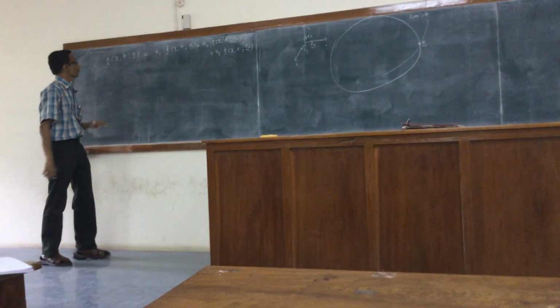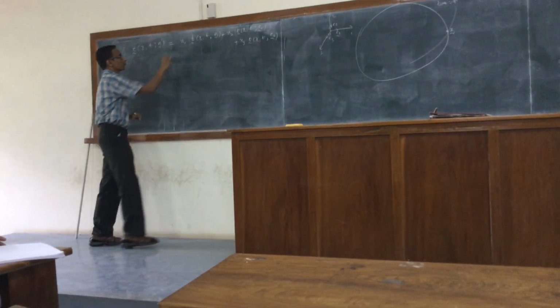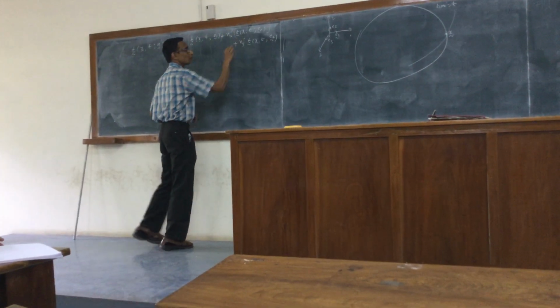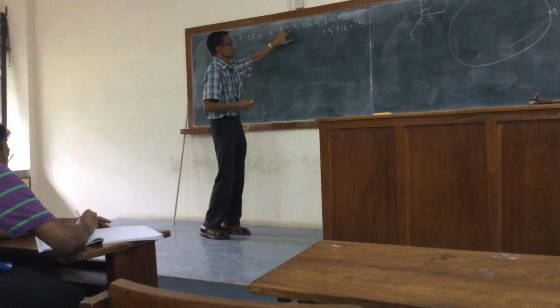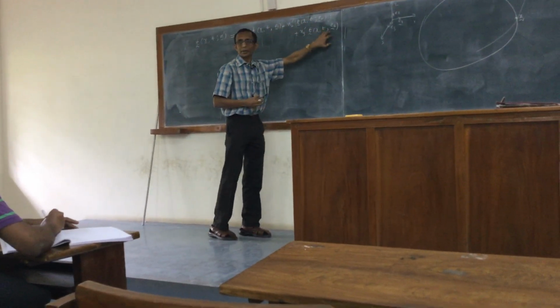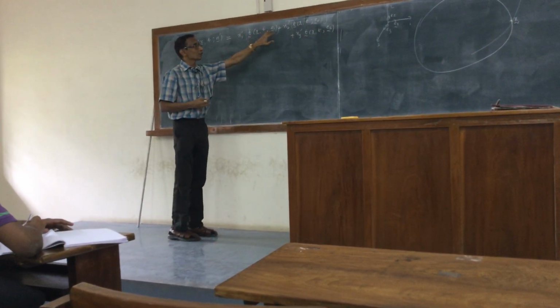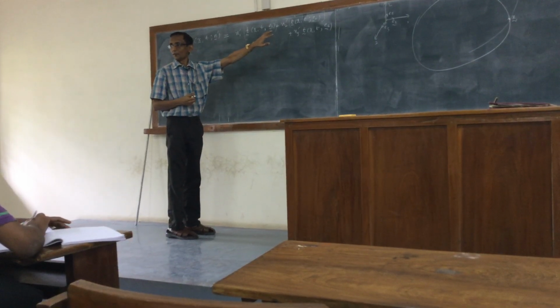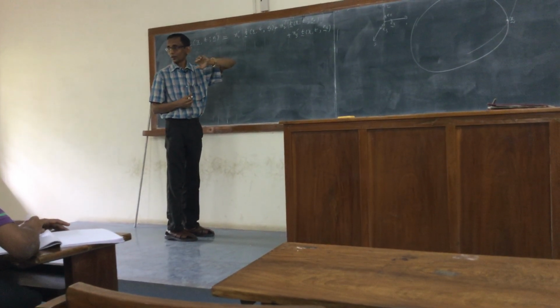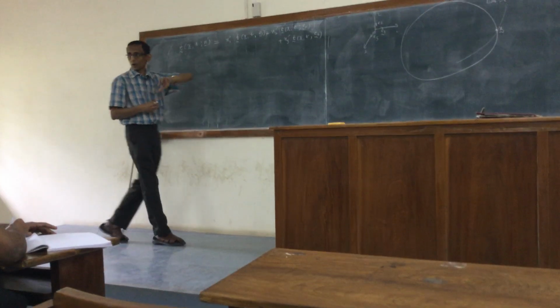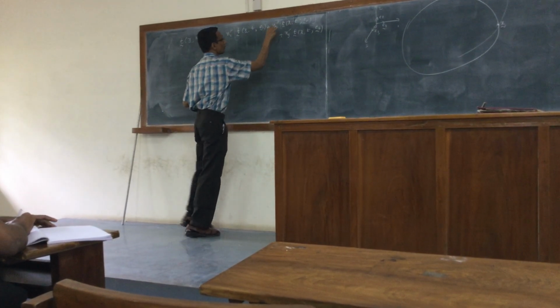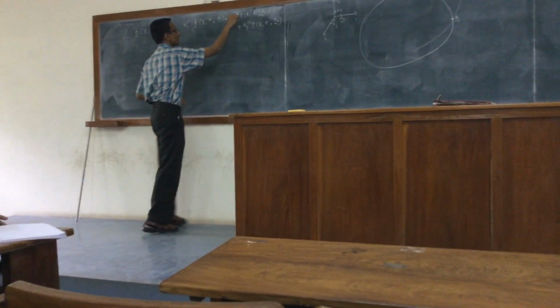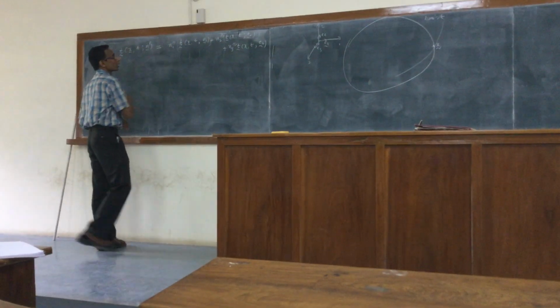Once you know them, then if I give n prime, meaning I have to specify what the normal is, I simply go to this equation. If these three vectors remain the same, all I have to do is substitute the value of the particular normal vector component into this equation. So if I give n double prime, I will do this. If you give n triple prime, I will do this.